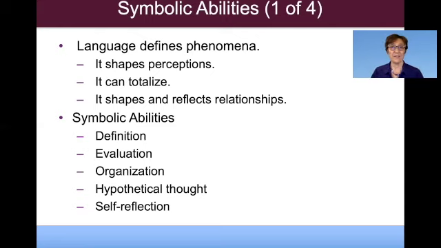And the abilities that language gives us are that we can define things. We can also evaluate things: what's good, bad, right, wrong, preferred, dispreferred, and so on. We give things labels with those evaluations. It also helps us organize things, put things into categories, and that's helpful in trying to engage in processes.